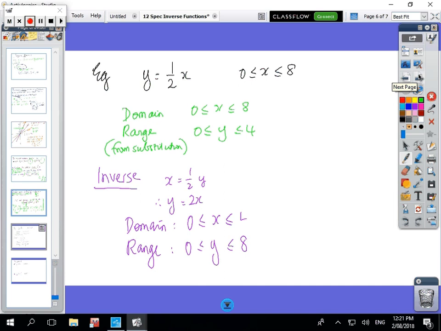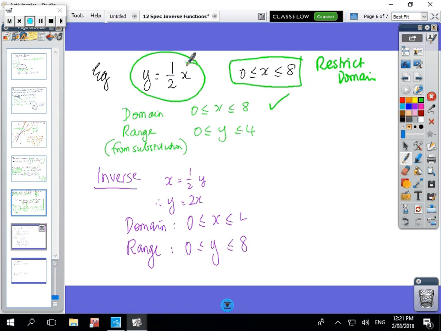Here's how, for instance, y equals a half x. I've got a restricted domain, so the domain is between 0 and 8, and if I've got that as your function, the range will be 0 to 4, by just substituting half of 0 and half of 8.